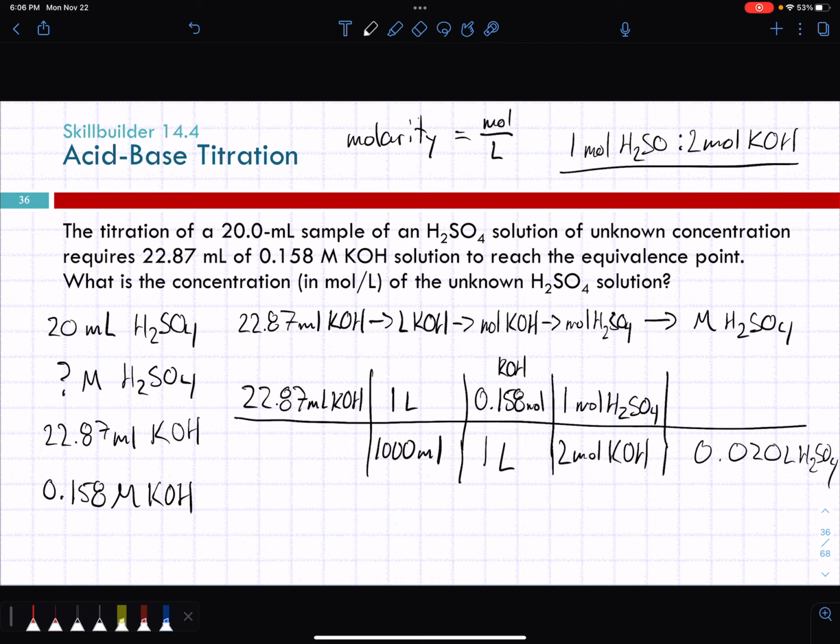We don't have to cancel the mole right there at the bottom? No, because we'll get moles after this calculation. Okay. So then I'll put the moles up here, and then divide that by liters will give us molarity.